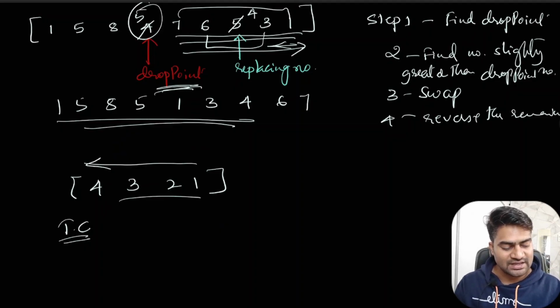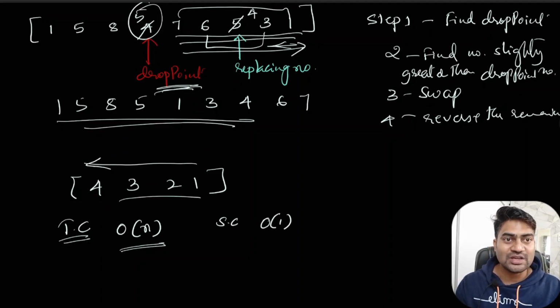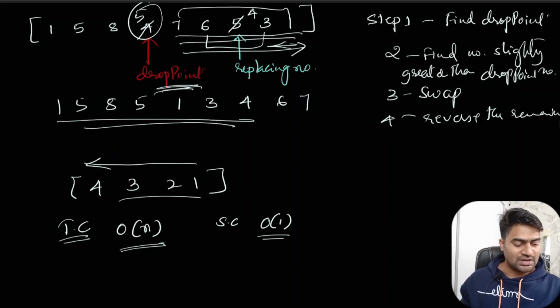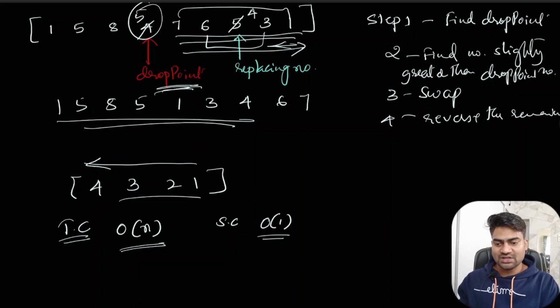So our time complexity will be order of n, and space complexity will be order of 1 because we don't use anything extra. So let us look at that in the code now. With that, let me switch to the editor.